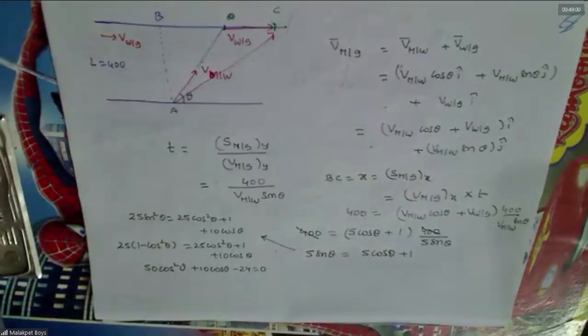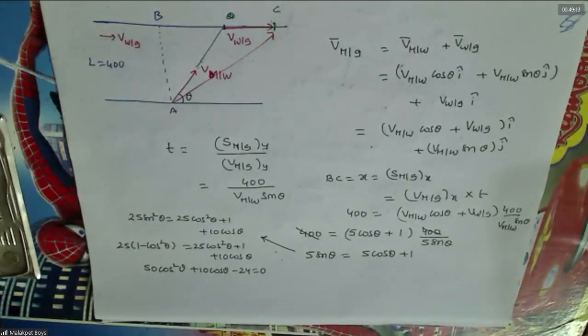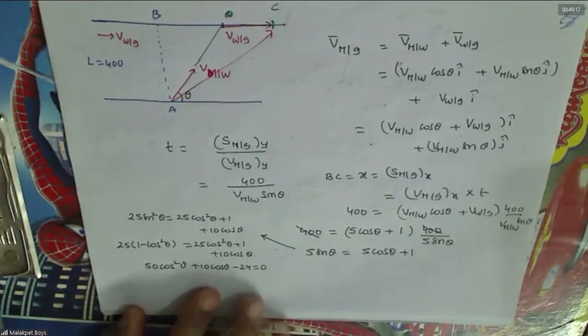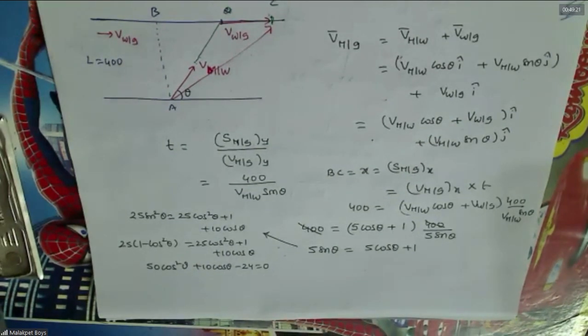Now you understood this? Clear? Yes, sir. Follow this or not? Yes, sir. Follow. Now get theta. You know this quadratic now, cos theta minus something. Shall I do it or you can do? Sir, you can do it. Do it. Cos theta value will get. See how much you're getting.